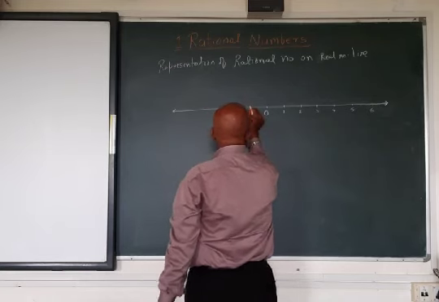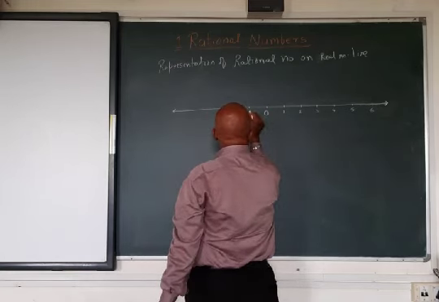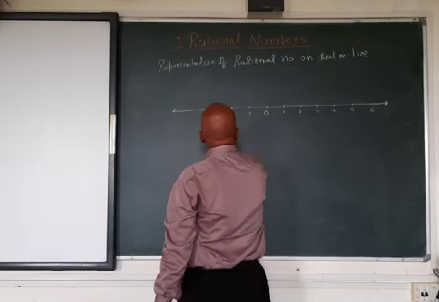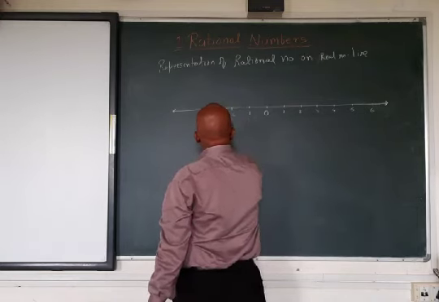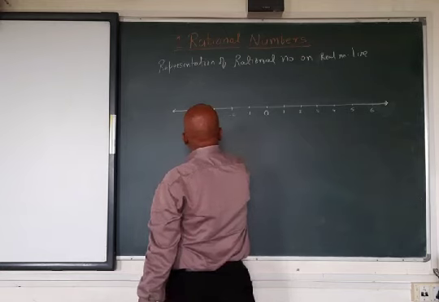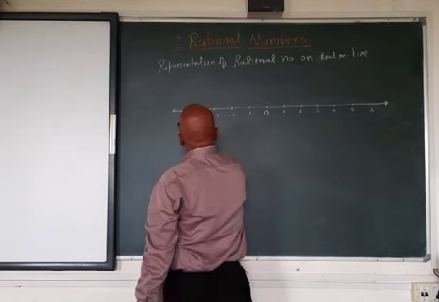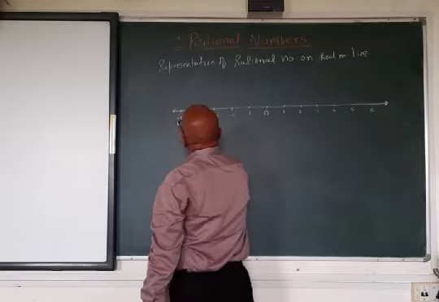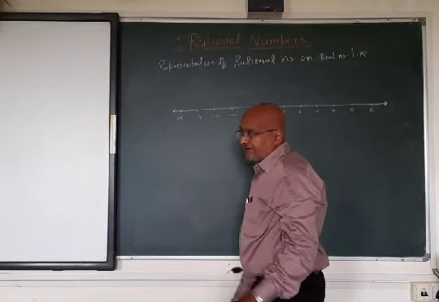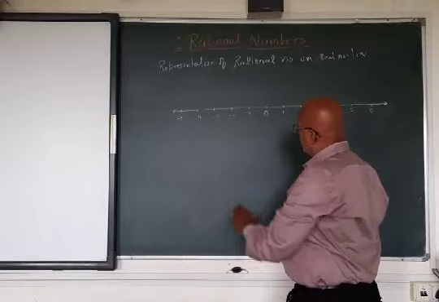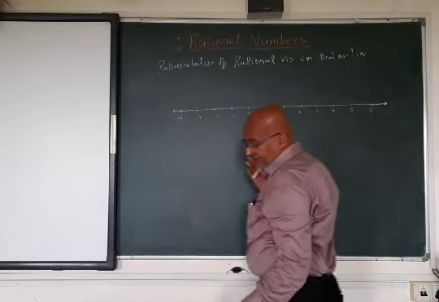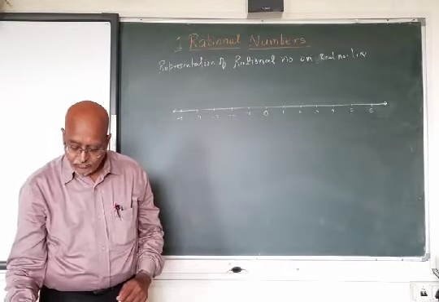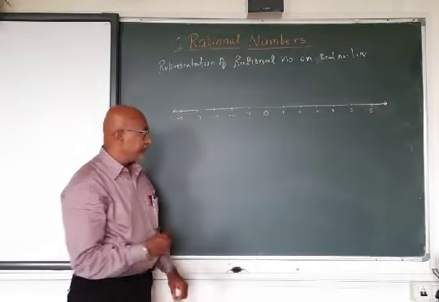On the other side, -1, -2, -3, -4. This is the number line.